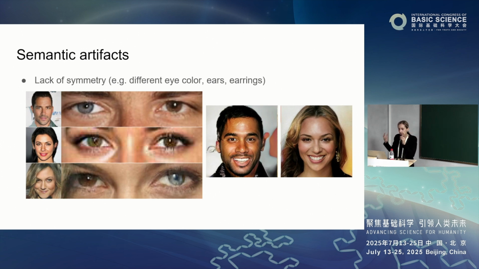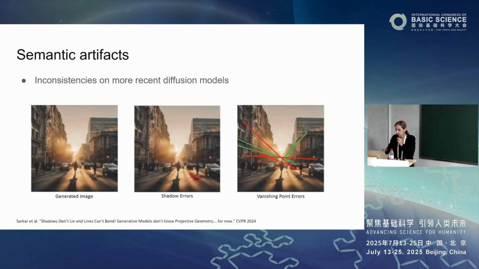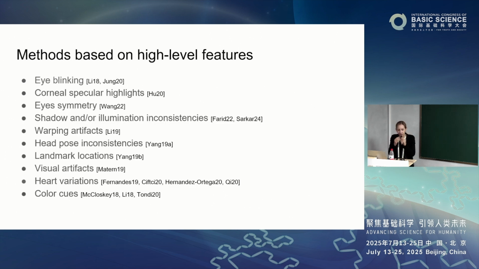Okay, so these are visual or semantic artifacts that do not involve only faces. They could also involve perspective or shadows, and indeed there could be inconsistencies in the perspectives. There are also papers that look at these specific artifacts, and there is quite a large literature on this.